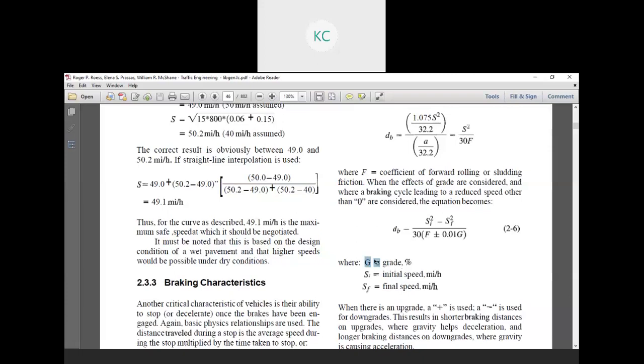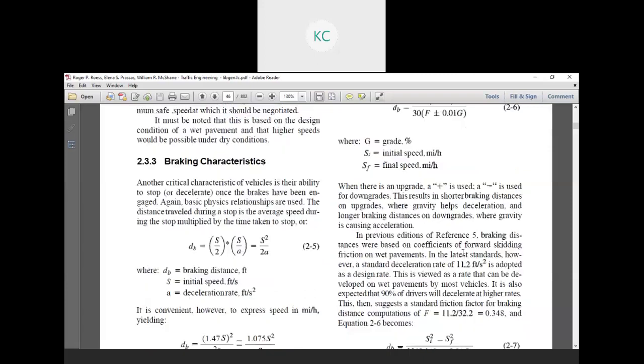So when a vehicle is moving on a downgrade and we are discussing not bringing the speed to zero, but something more than that, the braking distance equation is d_v is equal to s_i square minus s_f square upon 30f plus or minus 0.01 g.